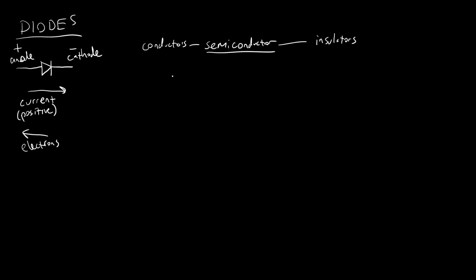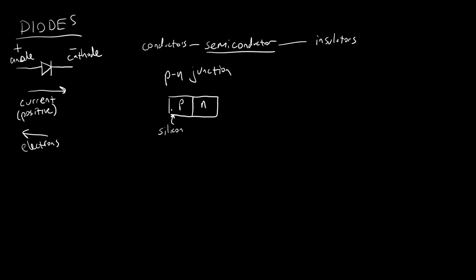So when talking about diodes, or if you go read a textbook chapter introducing diodes, you'll hear about something called a PN junction, where a diode is made from a junction of two different types of silicon that is doped, or has additives of different types that give it different properties.